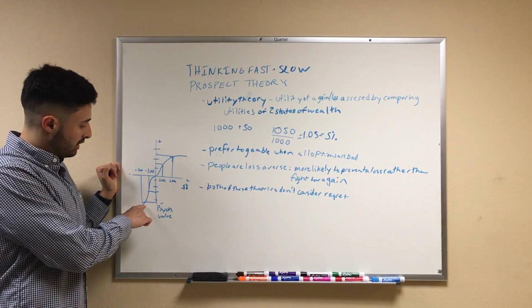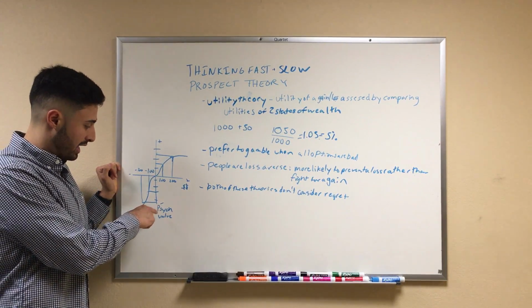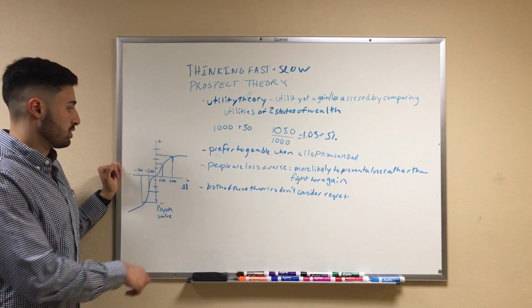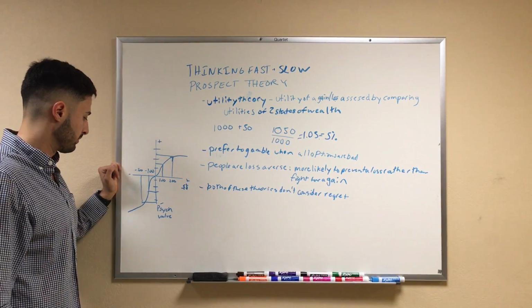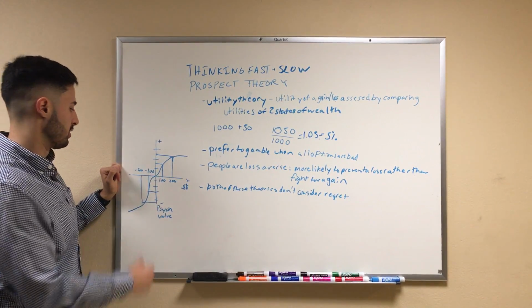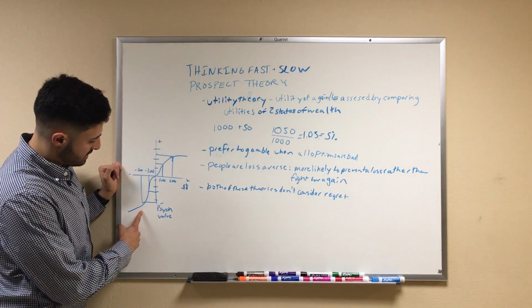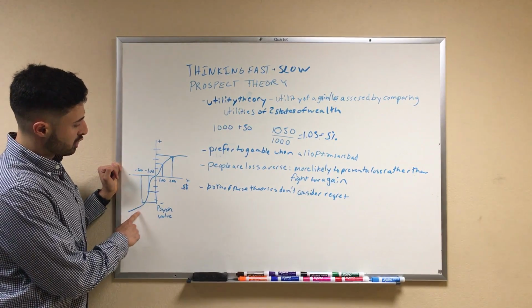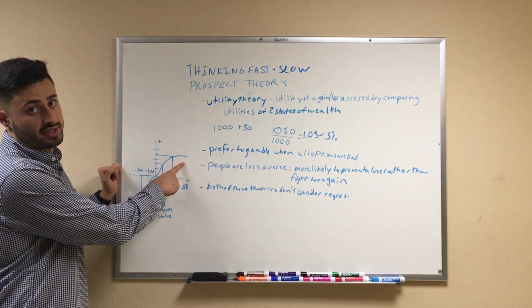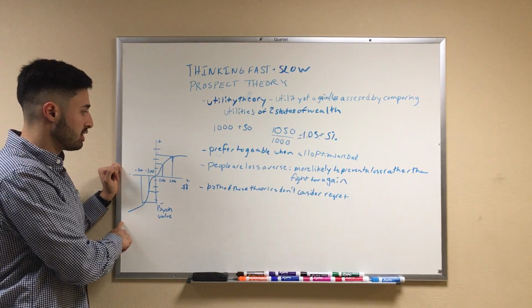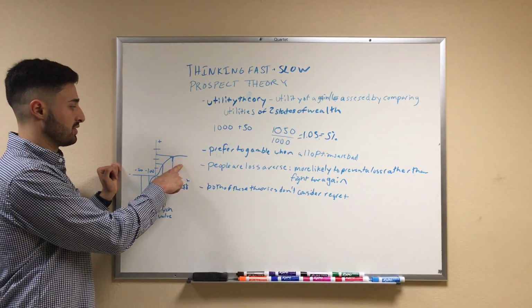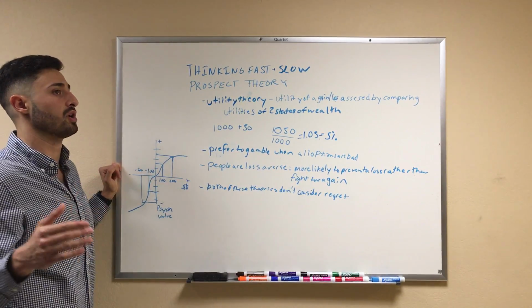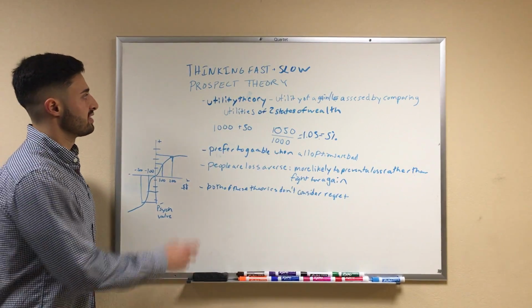And if you lose $200, you're going to lose like 4.25, 4.5, which is still way more than you had before for gaining $200. The difference here is that the negative doesn't slope off as much as the positive side does. So the negatives continue to really hurt you, but the positives continue to not really give you much more. So that's the difference between the two.